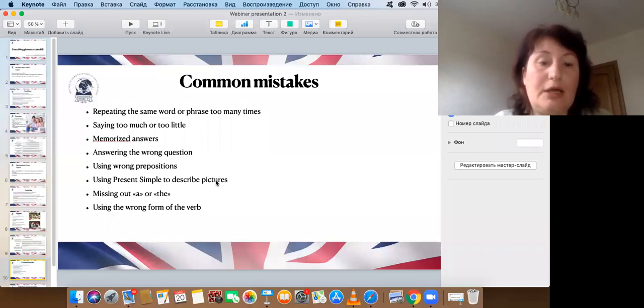Well, the next is using present simple to describe pictures. It's a mistake, we discussed it again. You forget to use the present continuous form of verbs to describe action in the photo. So you say the girl eats popcorn.